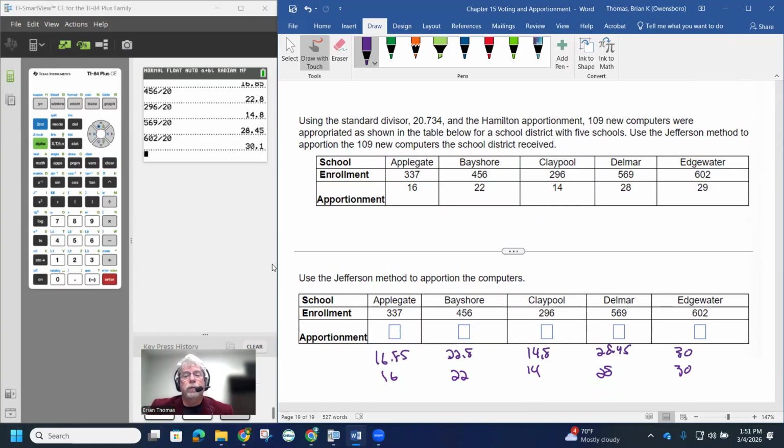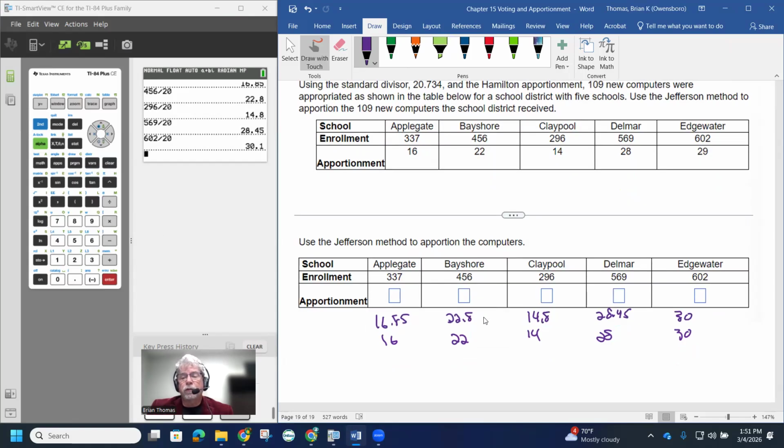What I'm looking for is something to drop down, and the one that may drop down first is this one at 30, because it has the smallest decimal, zero. So I'm betting this goes back down to 29, but let's find out. I'm now going to use a modified divisor of 20.5.